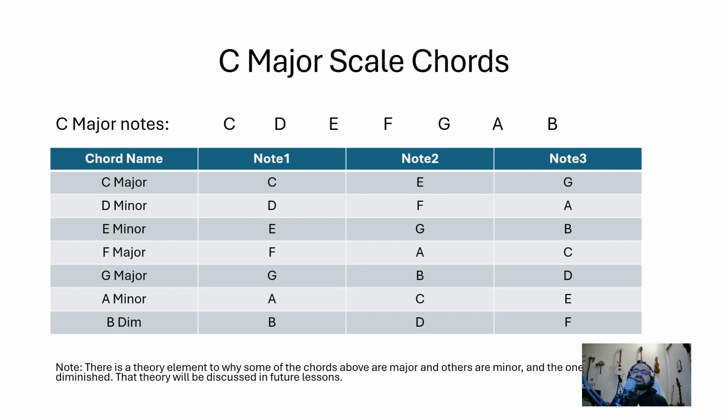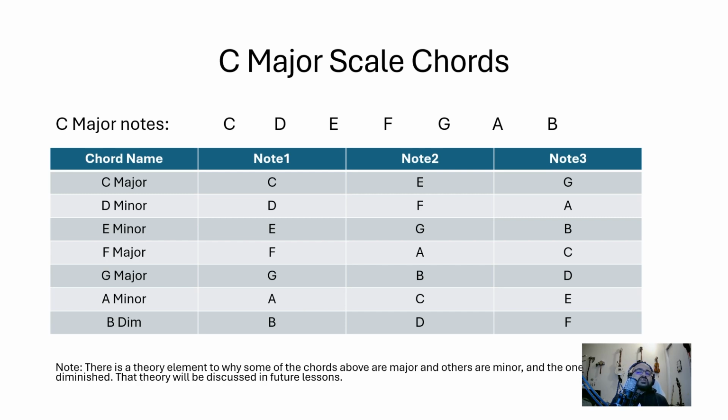Here you can see there's a C major chord, which is the first chord in the C major scale. You have a D minor, then you have an E minor. So you have a major chord followed by 2 minor chords, and then you have 2 major chords again, the F major and the G major chord. And then coming to the last 2, you have another minor, and there's a diminished chord.